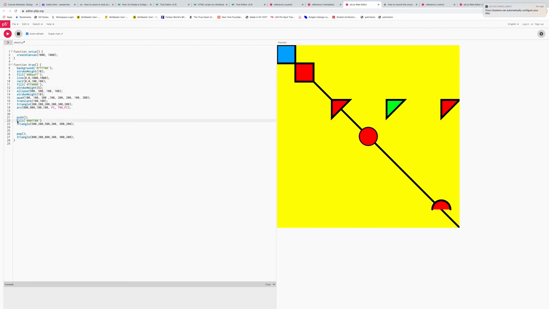You'll notice that this version of the triangle I gave a fill of green. But again, it doesn't translate down to this version because I placed it under pop. Pop simply says, triangle, go find your original formal attributes. But then I've changed the location of the triangle yet again by 300 more pixels to the right.